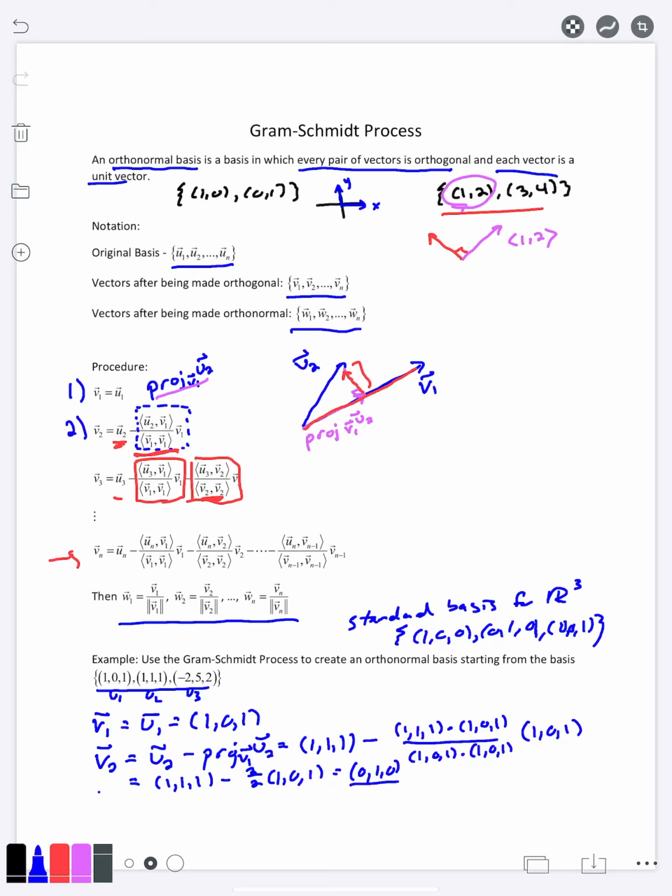We have to do one more v calculation. You take your original third vector, which is negative 2, 5, 2. You subtract off the projection, which is negative 2, 5, 2, with the first direction v1. And then you also subtract off the projection in the second v, which is going to be 0, 1, 0.